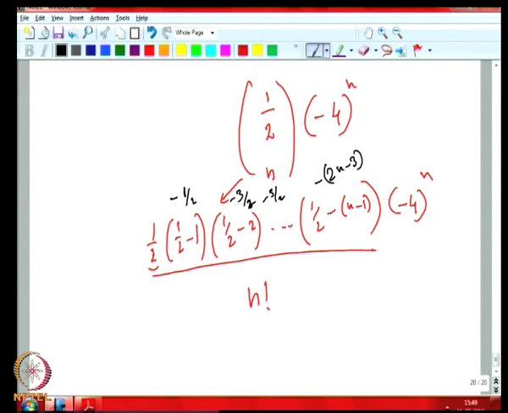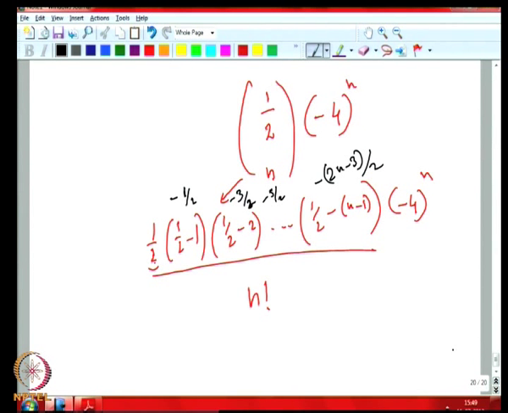So everywhere we have a by 2, and those by 2's we can collect. There are n by 2's, half here, half here, half here, because here there is a half. From here onwards there are n more halves, which will cancel with one of the 2 raised to n's here.